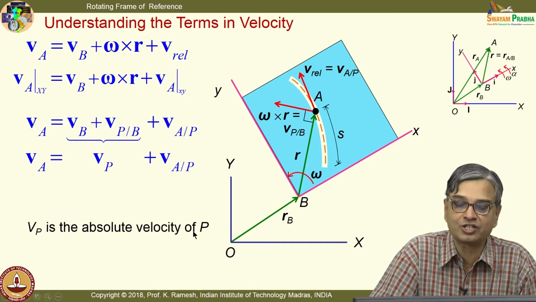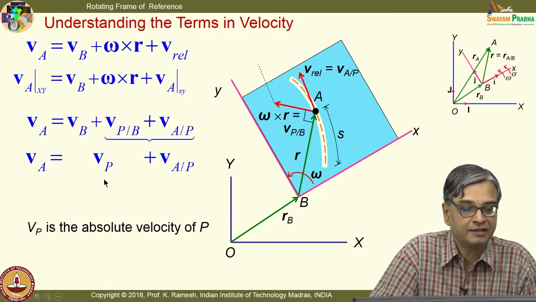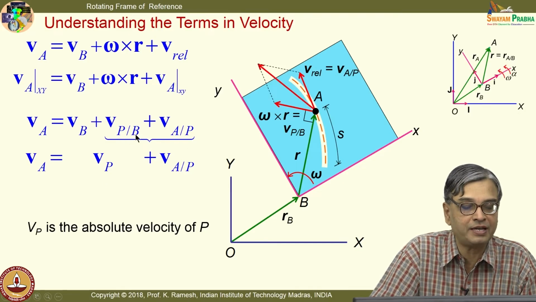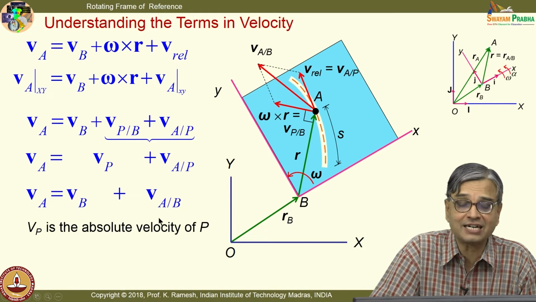Vp is the absolute velocity of P, and we have looked at this velocity of P/B plus V_A/P. Then I can write this as Va equal to Vb plus Va with respect to B, which is what I started with.